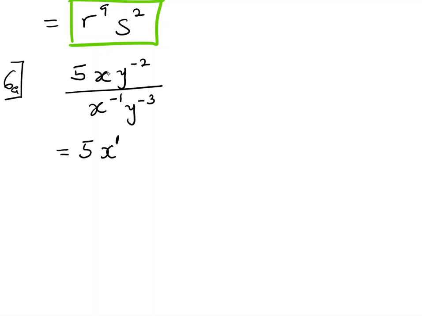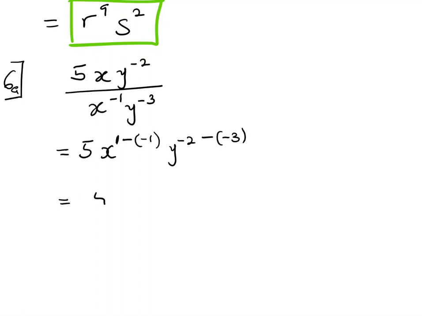Because this is division, so that is minus, I will subtract the powers. But do not forget, this is -1. Then y raised to power -2, which is already here. Because this is division, minus, then this is -3, right? So I've brought everything up.